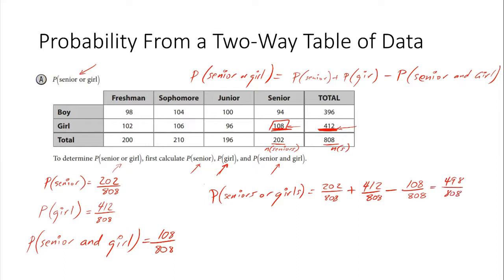I can reduce, but I'll tell you what, I'll just give you a percentage. It's actually 0.6163, which in percentage would be 61.63%. So that's a pretty good likelihood that you're going to pick a senior or a girl. Okay, that's going to be a common stat.